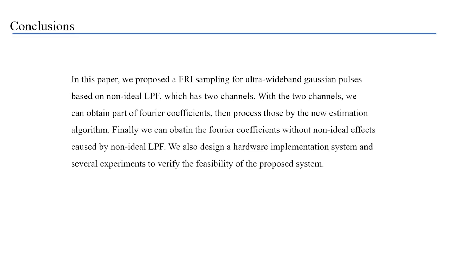Through the new estimation algorithm, finally, we can obtain the Fourier coefficients without the non-ideal effects caused by the non-ideal LPF. We also designed a hardware implementation system and several experiments to validate the feasibility of the proposed system.